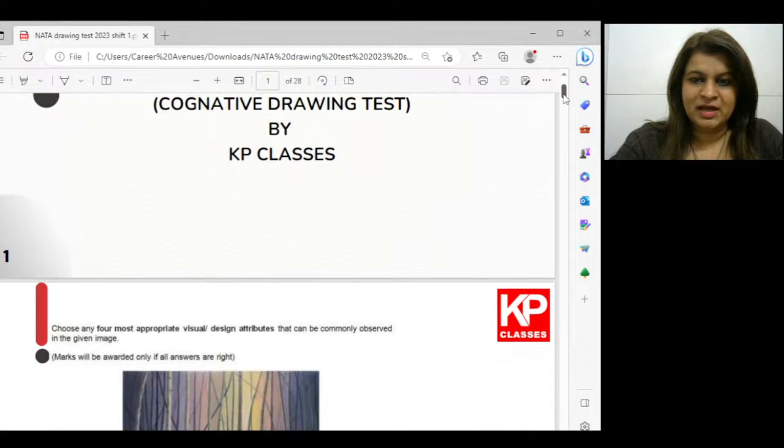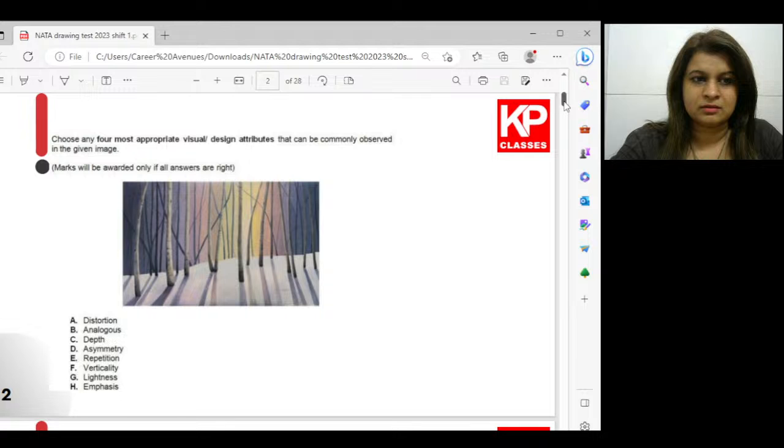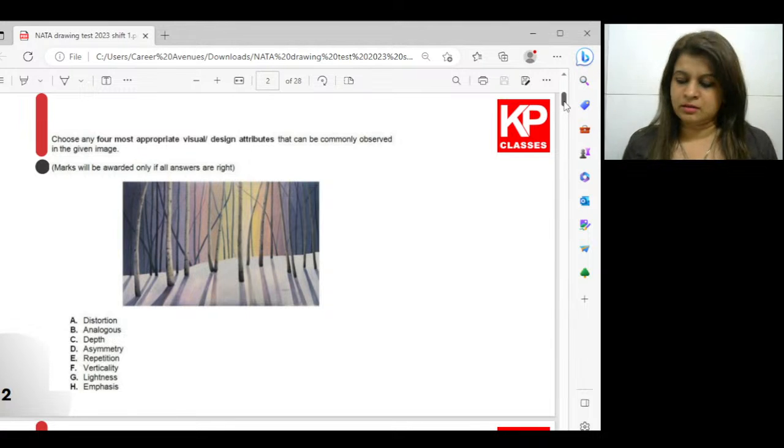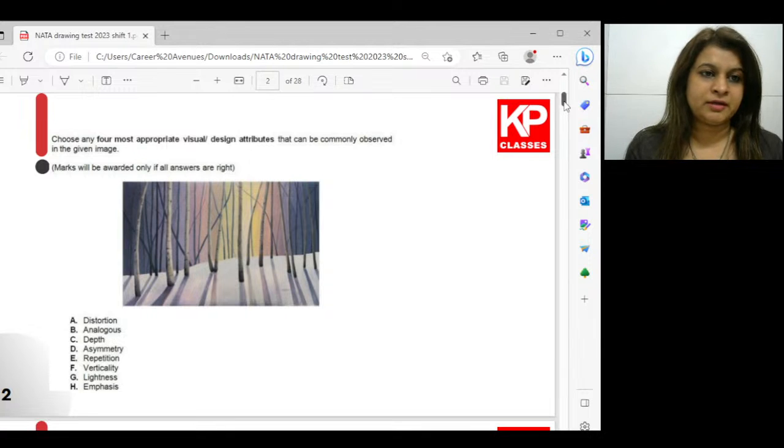So here we have on the screen the first question that had come in the exam related to your cognitive drawing test. Here an image is shown to the students. The question says, choose any four most appropriate visual or design attributes that can be commonly observed in the given image.